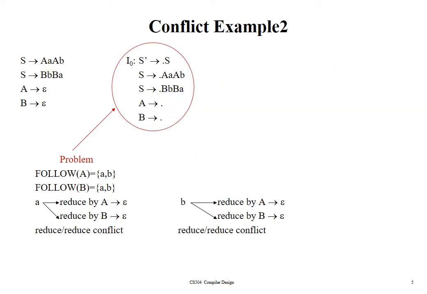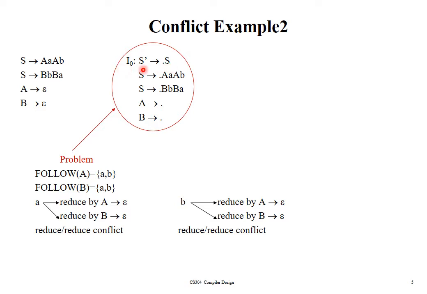Consider another example, which is an example of reduce conflict. Here we are given the set of productions: S gives A a, S gives A b, S gives B, A gives epsilon, B gives epsilon. Initially we prepare the set of LR0 items, that is, we start with the augmented grammar S dash gives dot S. In addition to that, since after the dot the non-terminal S comes, we have to add the S productions with the dot on its leftmost end.